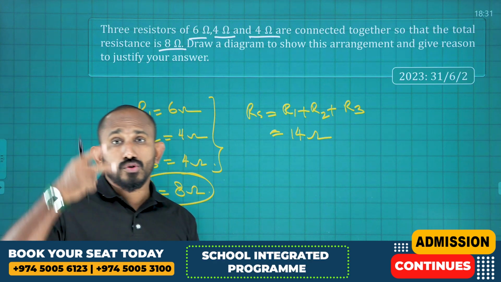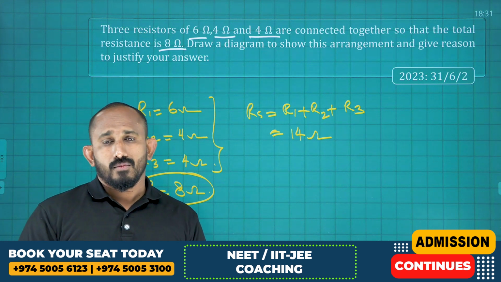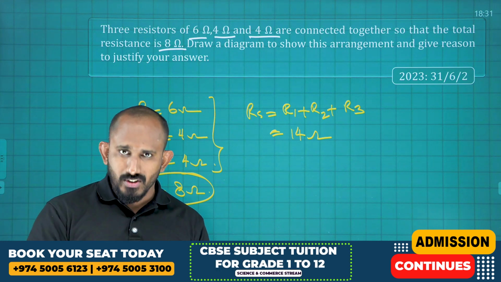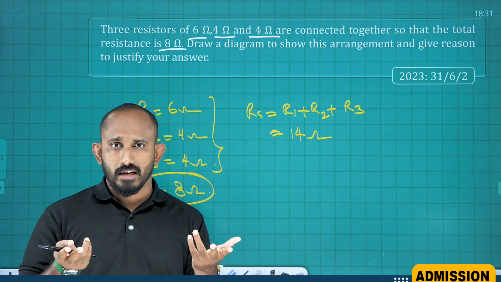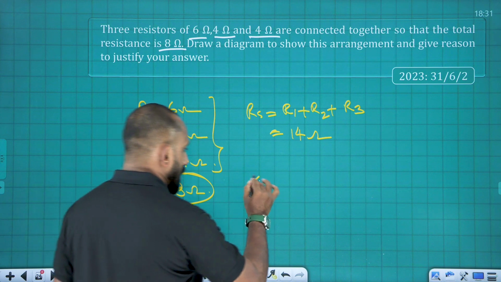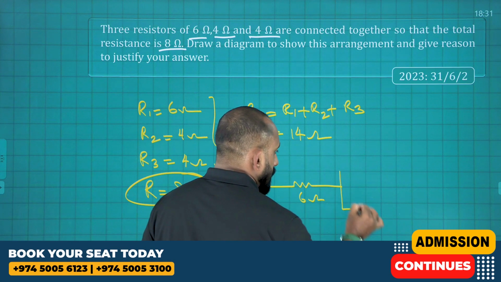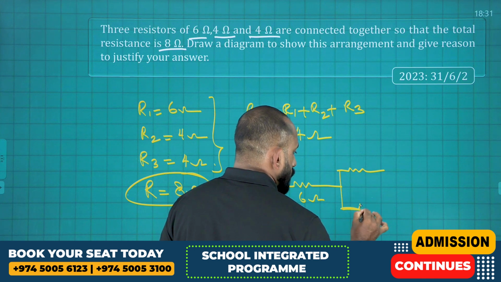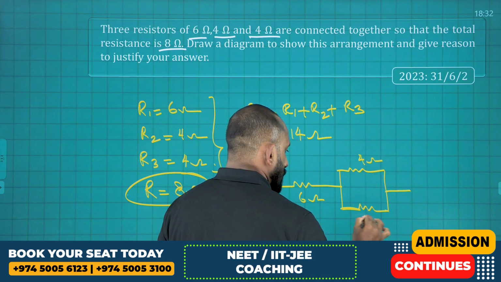If you connect the two 4 ohms in parallel, the effective value is 4 by 2, that is 2 ohm. So 2 plus 6 gives 8 ohm. So we can have a 6 ohm here, connected to two 4 ohms in parallel, this 4 ohm and this also 4 ohm.